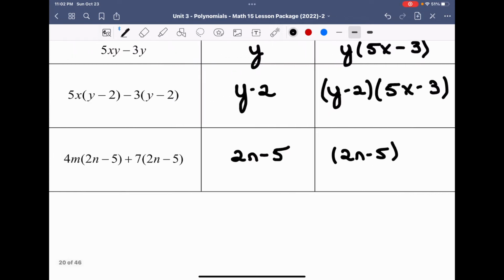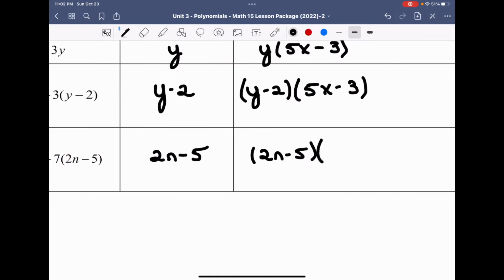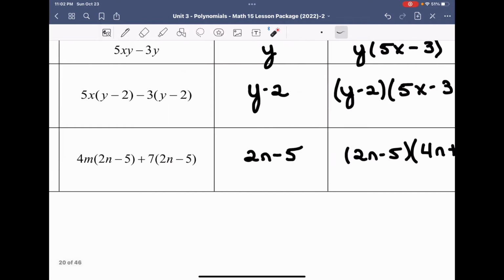The two things that I had left over were the 4m plus the 7. That becomes my second bracket here, 4m plus 7. So we removed out our greatest common factor, or the common term here, 2n minus 5, and it went out front of the term. What was I left with? 4m and 7.